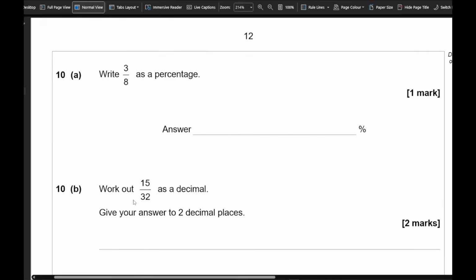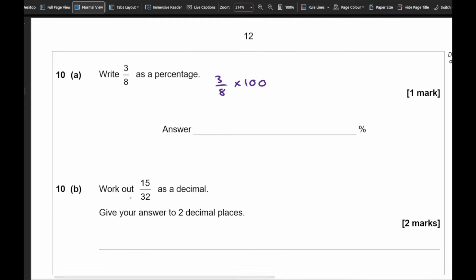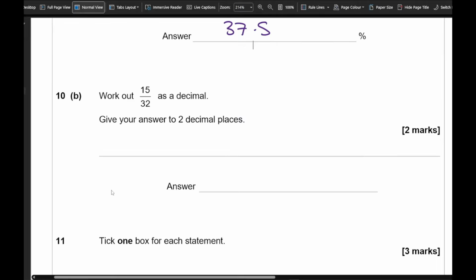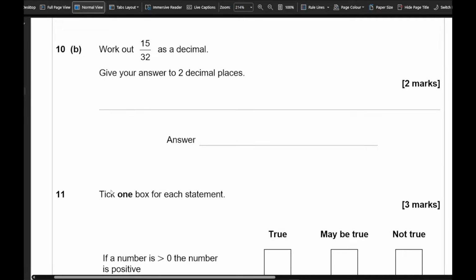Moving on to question 10a, it says write 3/8 as a percentage. So if I type 3/8 into my calculator, multiply that by 100, I get an answer of 37.5%. It then says for 10b, write down 15 over 32 as a decimal, giving your answer to 2 decimal places.